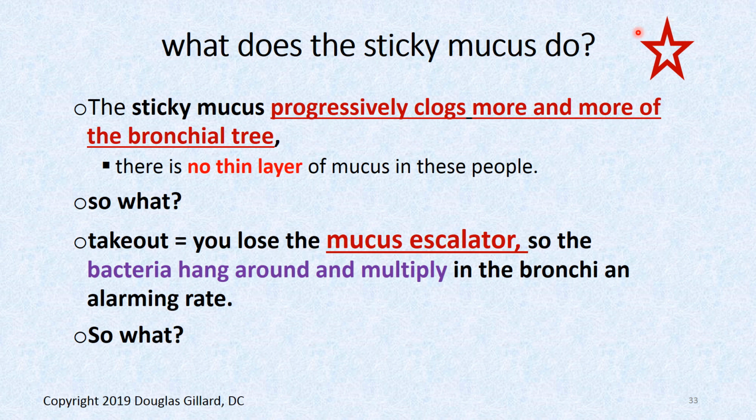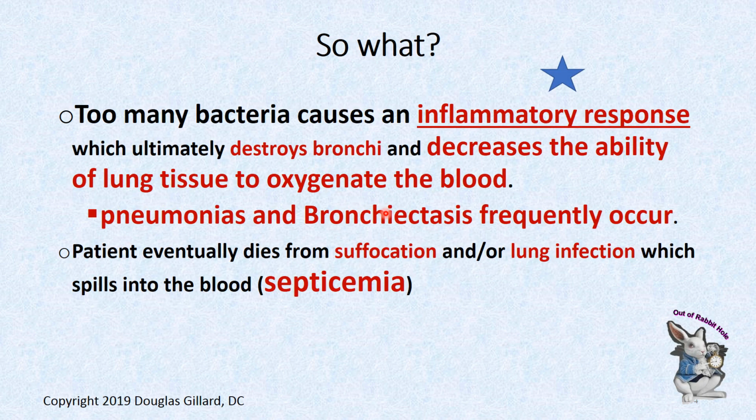So what does the sticky mucus do? Sticky mucus progressively clogs up the bronchial tree. It screws up the mucus escalator and everything I just said. Too many bacteria cause an inflammatory response, destroys the bronchi, decreases the ability to oxygenate the blood.